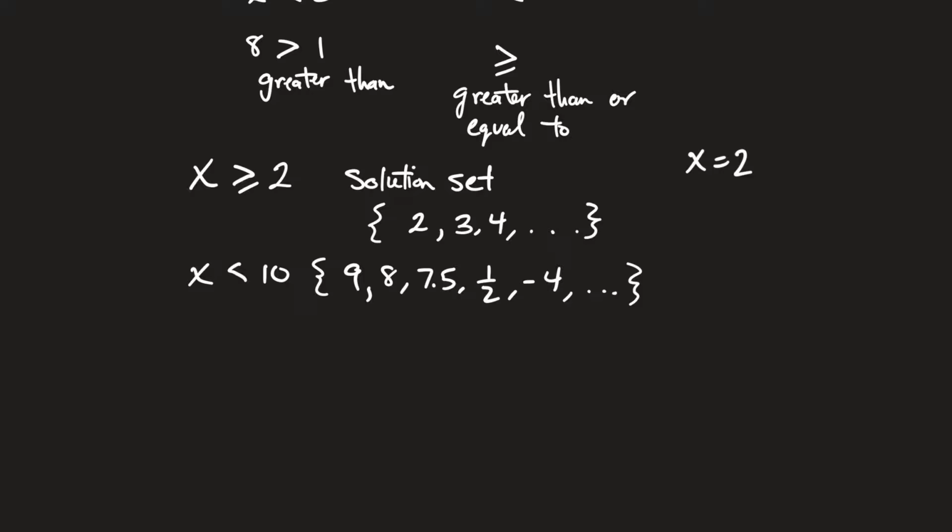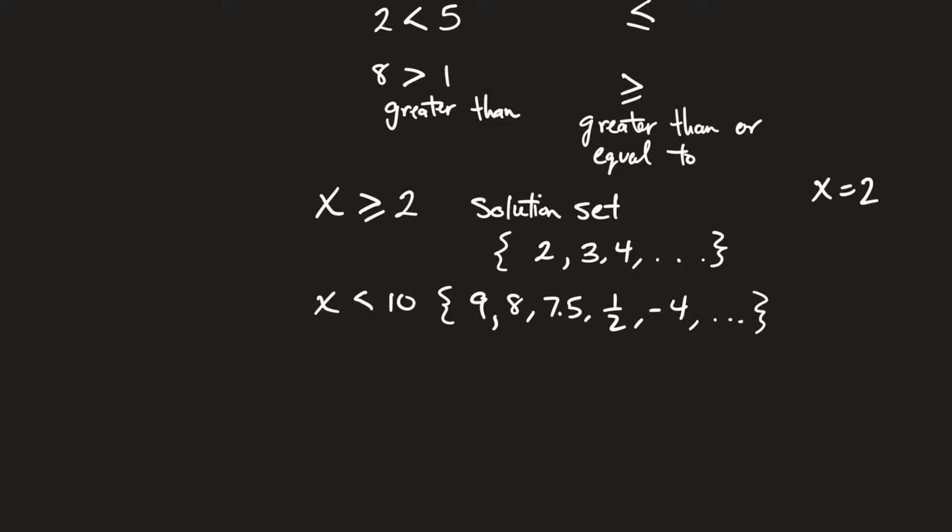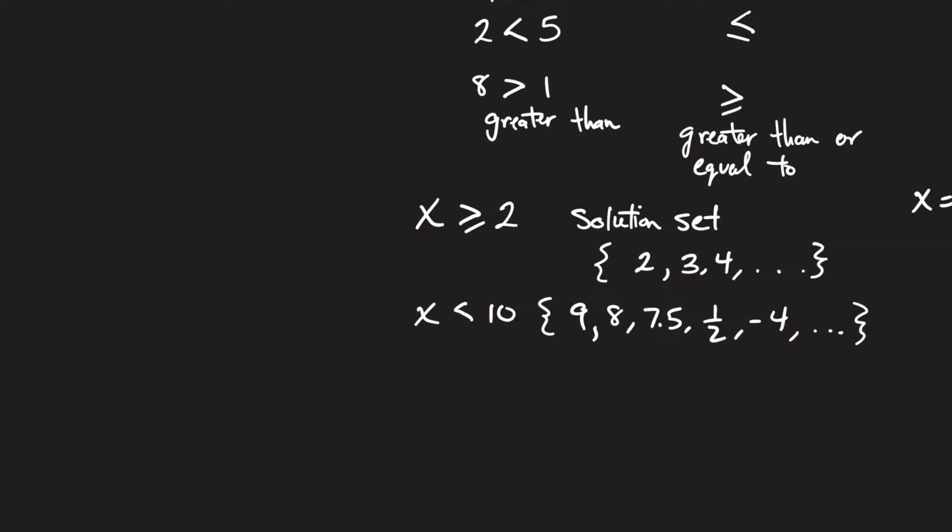Could I put the number 1 in the first one? 1 won't work. 1 is not part of our solution set. Or 11 in this one. 11 is not less than 10, so it's not part of my solution set, yet I still have an infinite number of solutions.